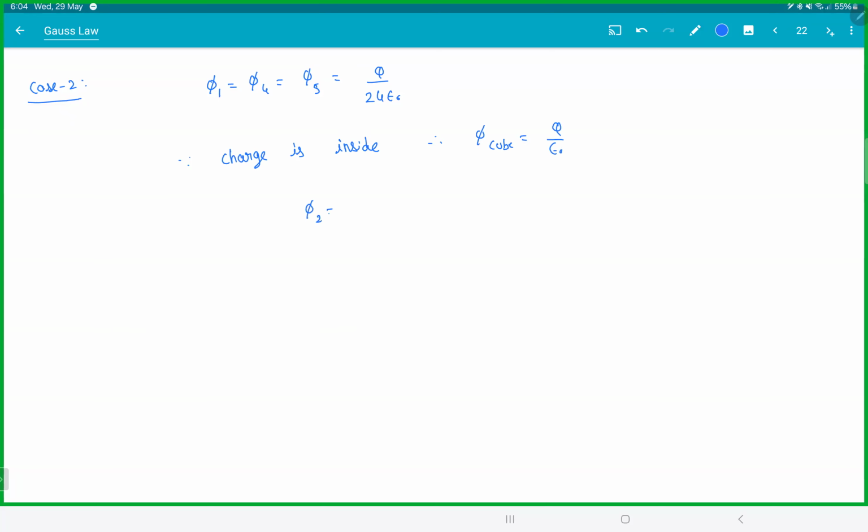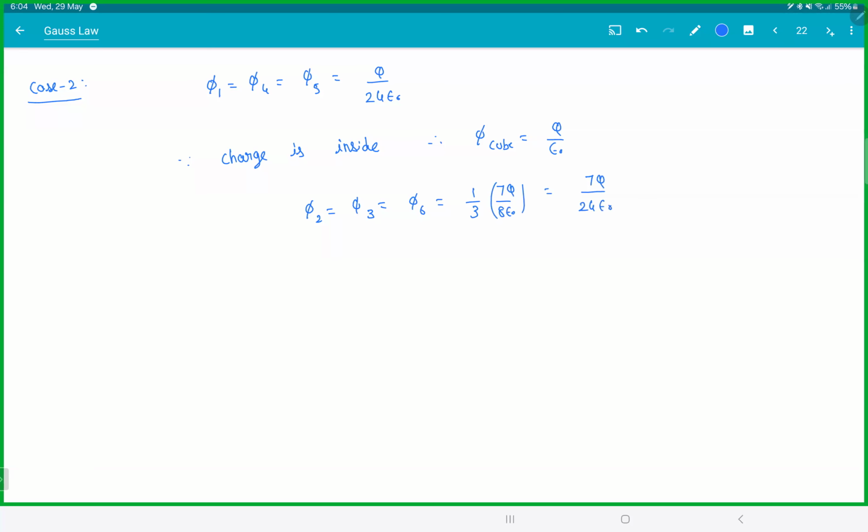Therefore, the flux due to the remaining 3 guys should be 1/3 of the remaining flux. How much is that? So q by epsilon minus q by 8, so 1/3 of 7 q by 8 epsilon. Make sense? Because these three together are giving how much?